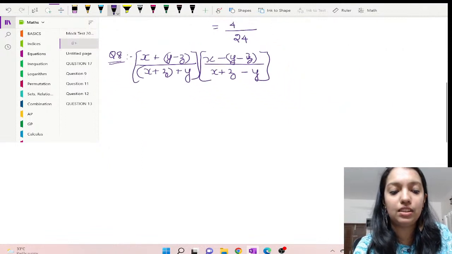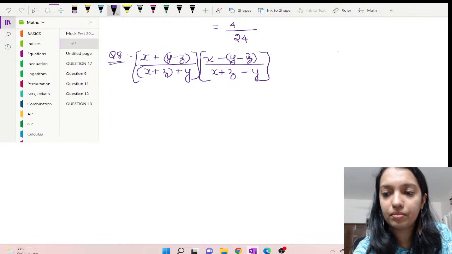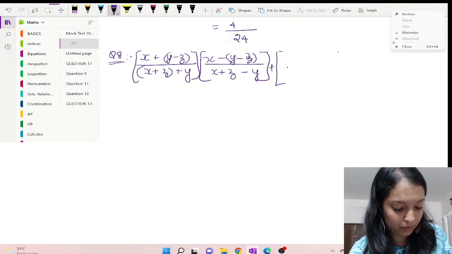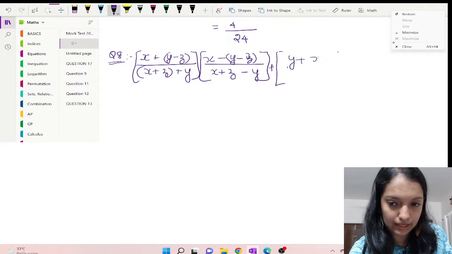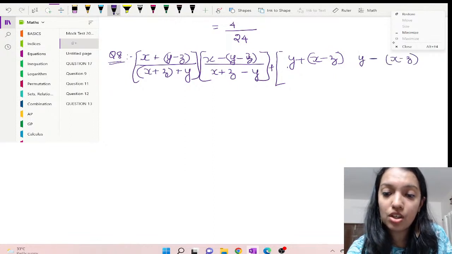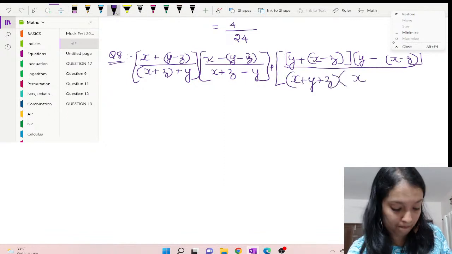This is the first term. Continuing, the second term. The second term will be, there is a plus symbol in between. So it is y plus x minus z into y minus x minus z whole divided by x plus y plus z into x.